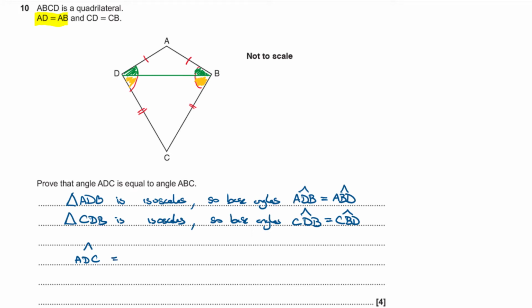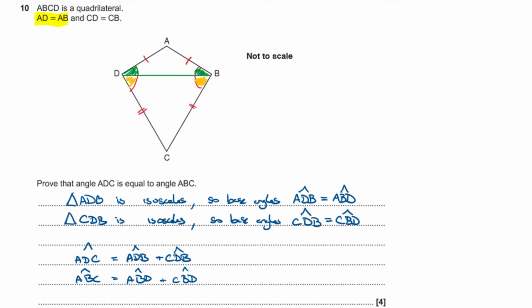So it's going to be angle ADB plus CDB, and we can say that angle ABC is equal to the other two added together, so that's angle ABD plus CBD, like that.